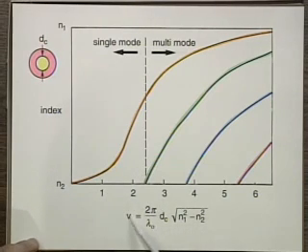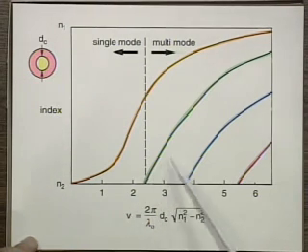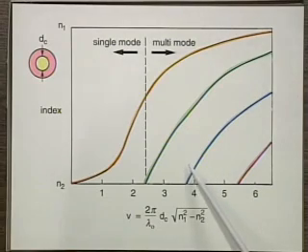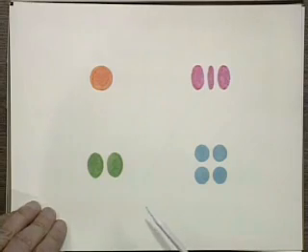We're going to create a V that is bigger than this value here. In our case, we did it by choosing a fiber with a bigger core diameter. But we could have also done it by changing the wavelength. If you just shorten the wavelength, going more into the blue side of the spectrum, then you start to see transverse modes like I showed you before. Okay, and I think now we're ready to have fun with a multimode fiber.